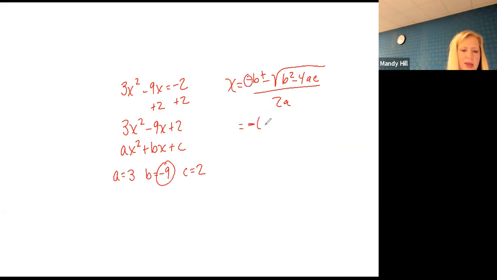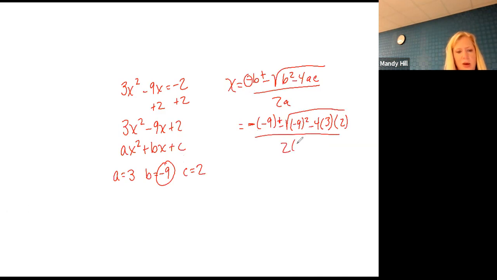So both of the negatives have to go. The negative from the formula and the negative that I'm plugging in for b. Okay, b squared is -9 squared minus 4 times a, which is 3, times c, which is 2, over 2 times a, which is 3.